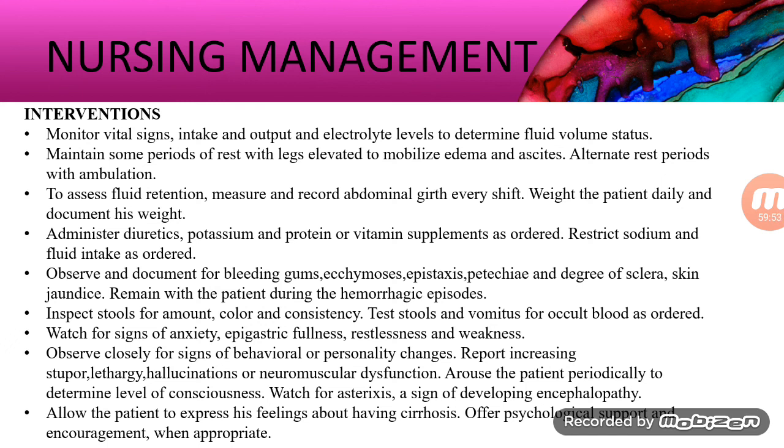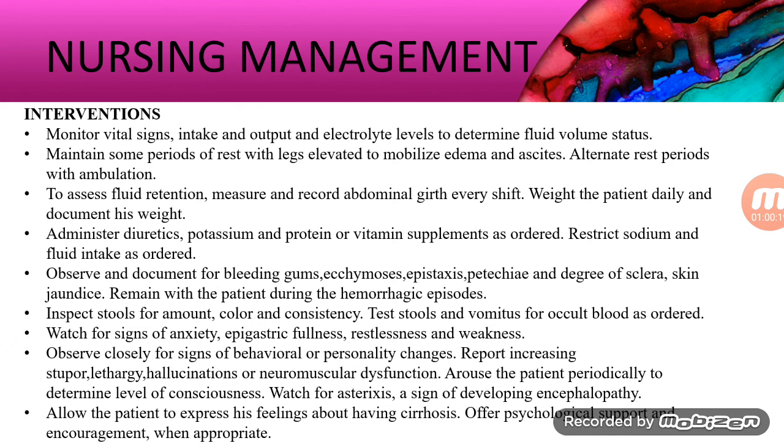Then administer diuretics, potassium, protein, or vitamin supplements as ordered. Restrict sodium and fluid intake as ordered. Then observe and document for bleeding gums, ecchymosis, epistaxis, petechiae, and degree of scleral and skin jaundice.